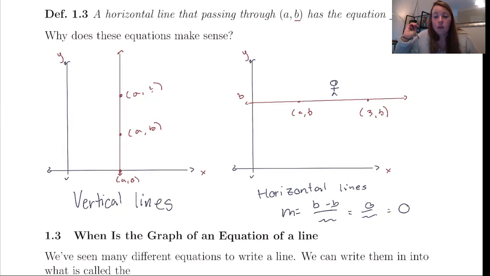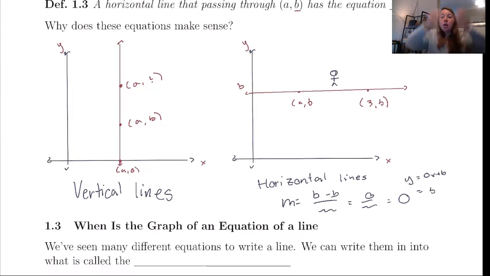So if the slope equals 0, then we just have y equals 0x plus b, which just equals b. And that's how we get y equals b. Knowing how the horizontal line works kind of then just fills in the rest for x equals a for the vertical line. Well, I can't have a slope here.